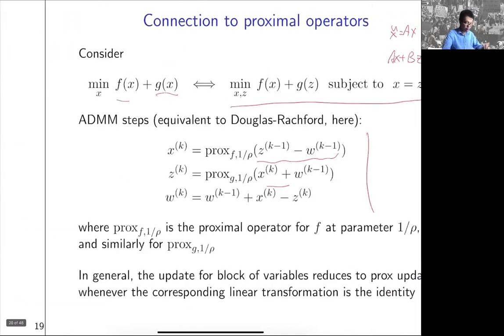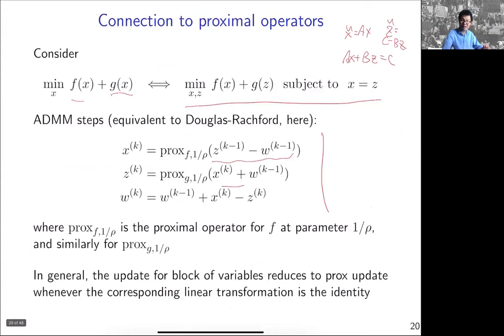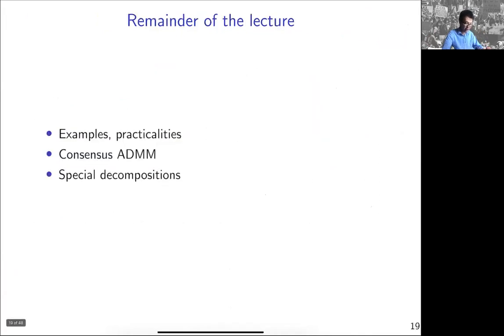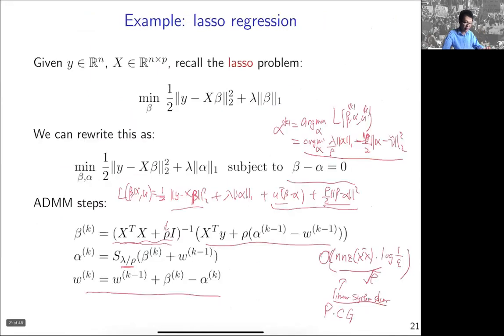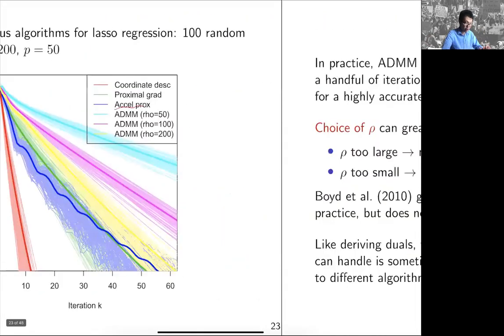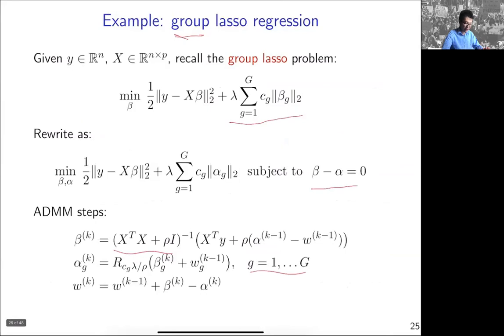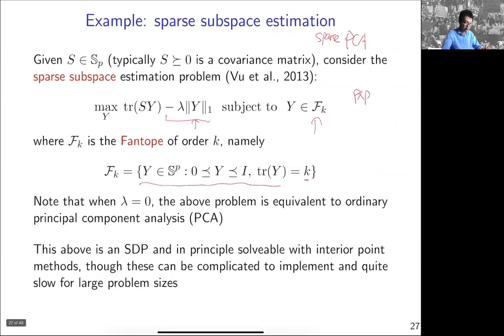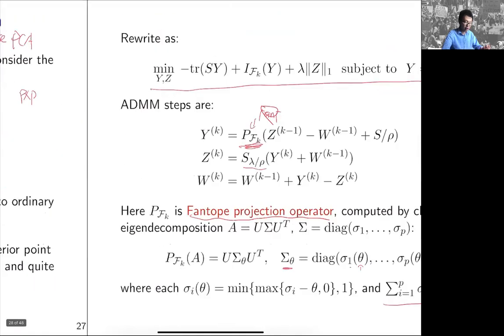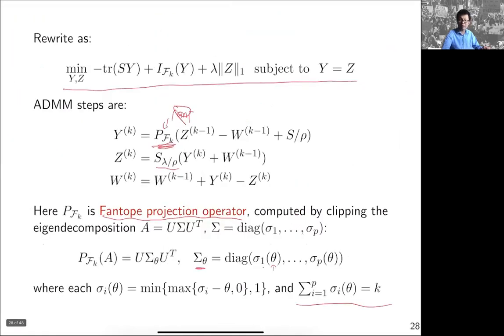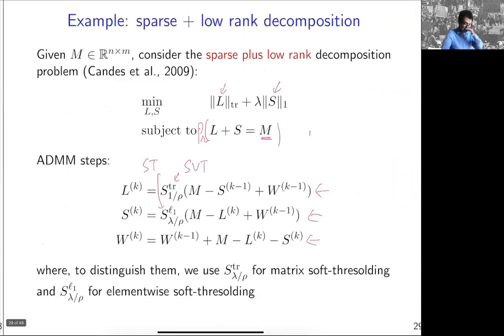The second part of the last lecture was about looking at examples of ADMM. We talked about an example on lasso, examples on group lasso, and the sparse PCA problem, which are examples that we have been looking at for a while, and some of these appeared as early as lecture 2 or even lecture 1.